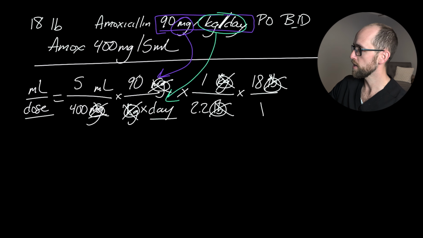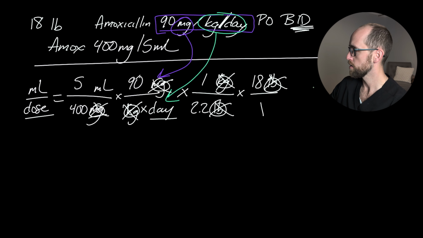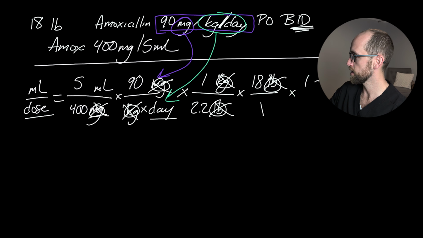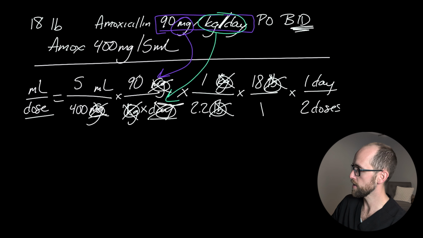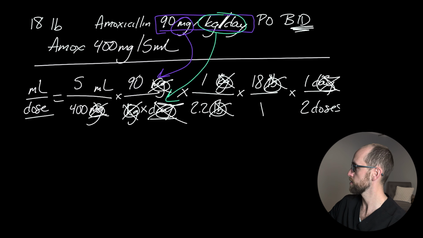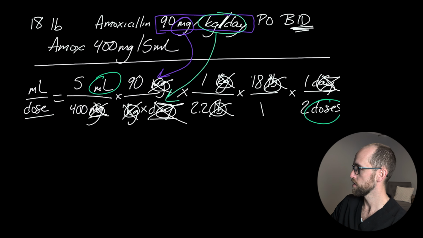Well, I know it's ordered BID, or 2 doses per day, so for 1 day, I can say 2 doses. And that should cancel out days and days. And let's take a look. I have mLs per dose, and no other units are remaining, and that matches my mLs per dose.